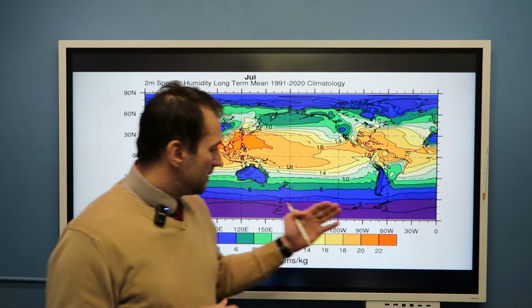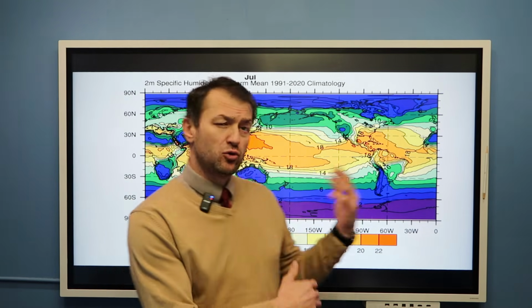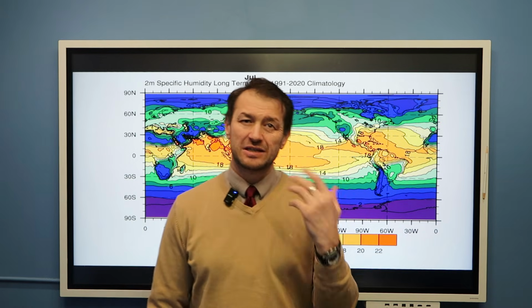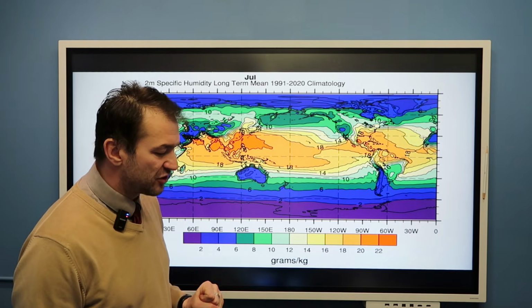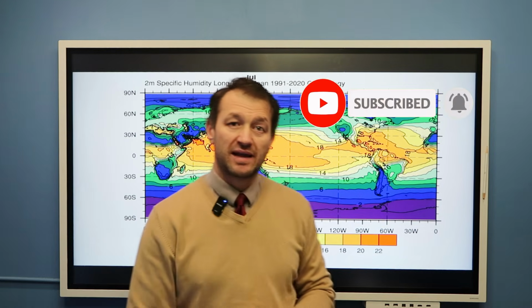And I don't want to show you more slides because I don't want to overwhelm you with this information. I would like to again emphasize that the values here are uncertain because these are not direct measurements that are obtained using some instruments. This is coming from a numerical model. So in terms of absolute values, there is a lot of uncertainty. Different models would give you perhaps different values, but the overall pattern is what matters.